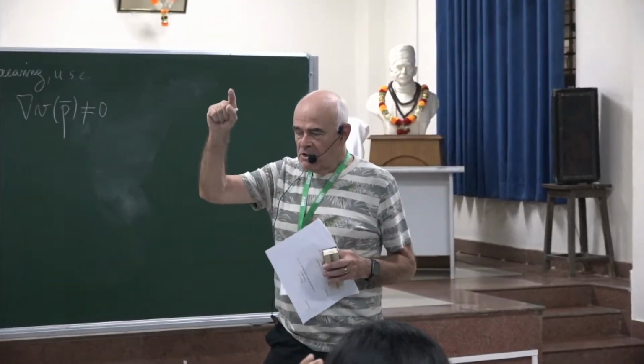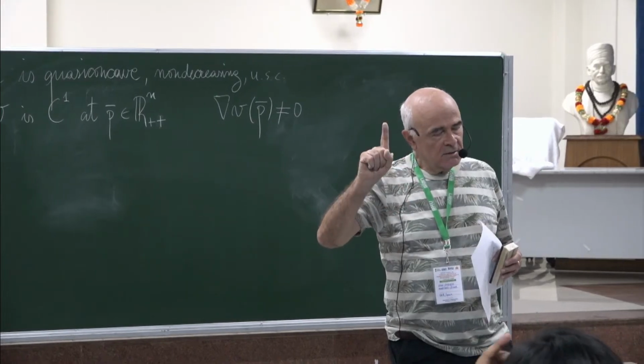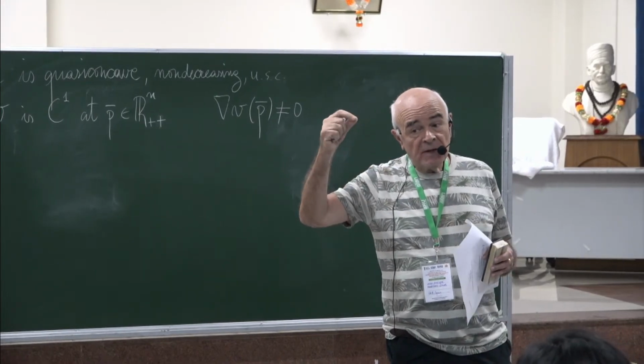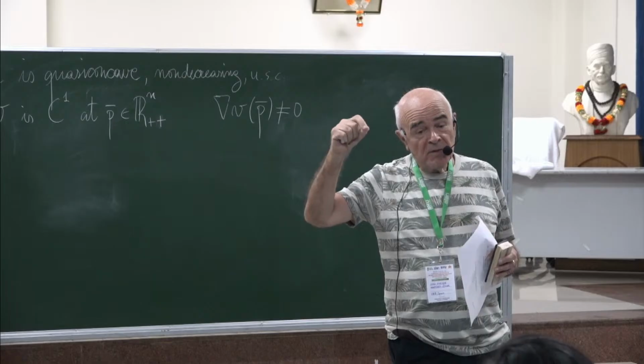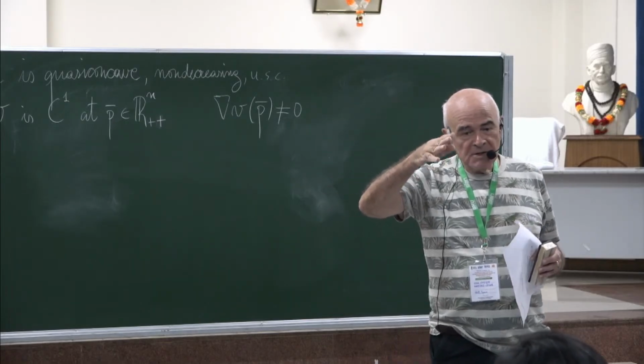non-trivial theorem saying, if U satisfies this, that, and that, including C1, then V satisfies minus this, minus that, and minus that, because we're moving from quasi-concavity to quasi-convexity.